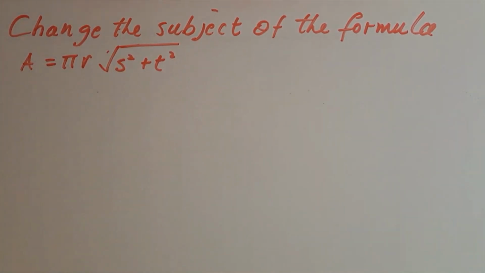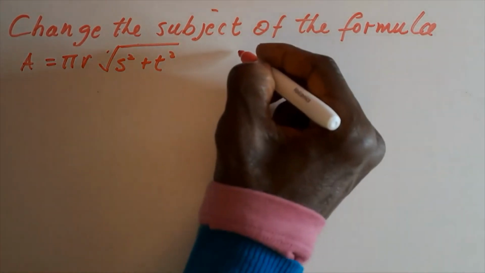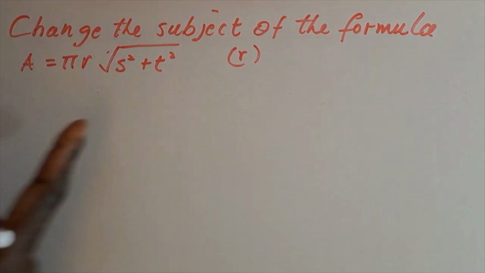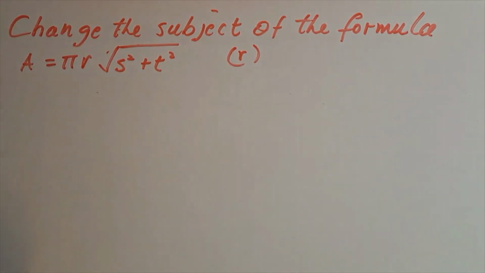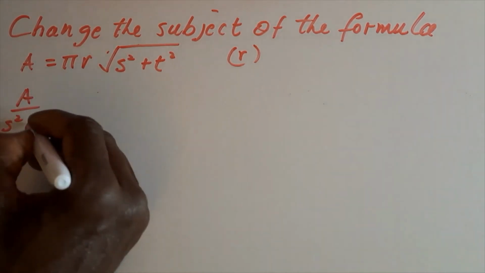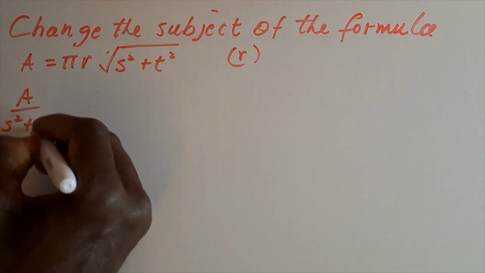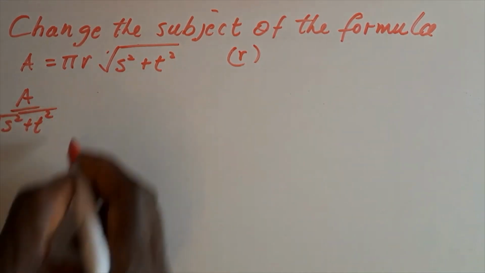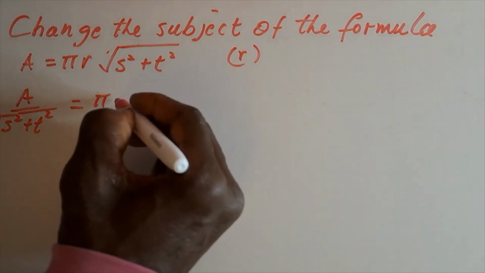What about this formula? We're rearranging for r as the subject of this formula. If you divide both sides by what we have in the square root, we have A over the square root of s squared add t squared equal to pi r.